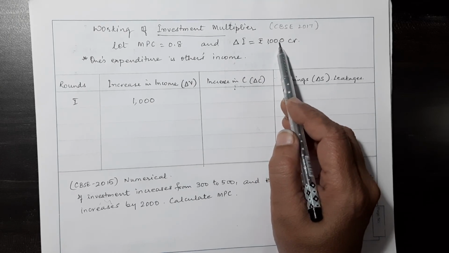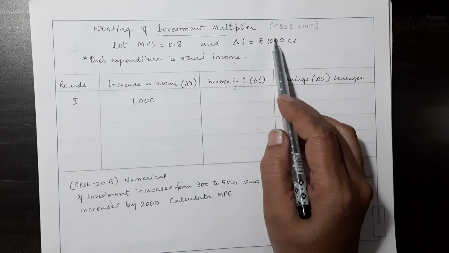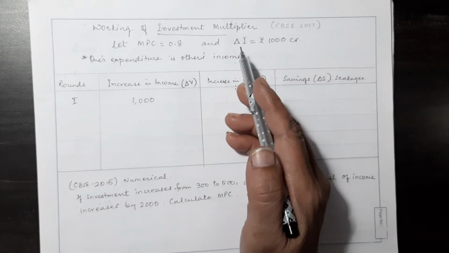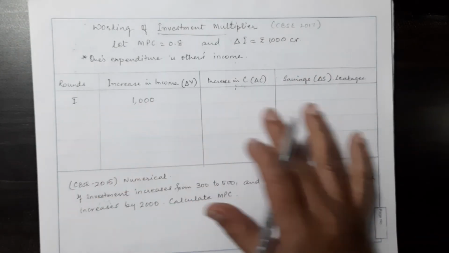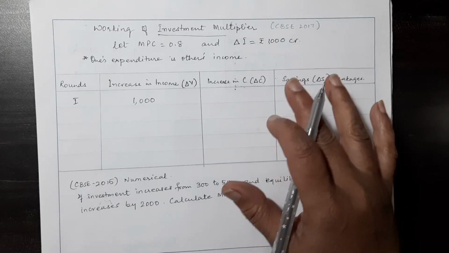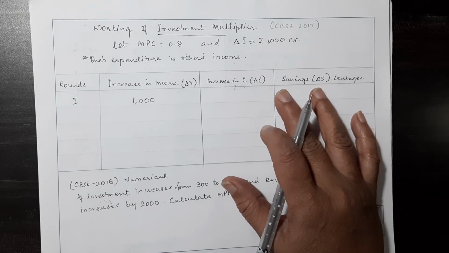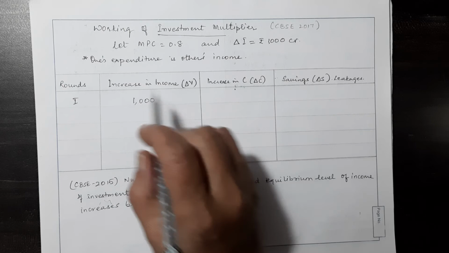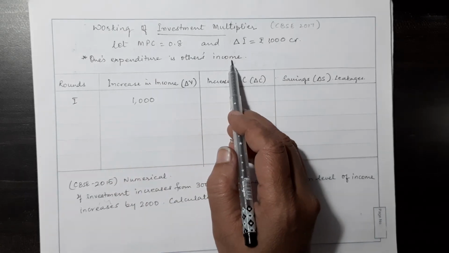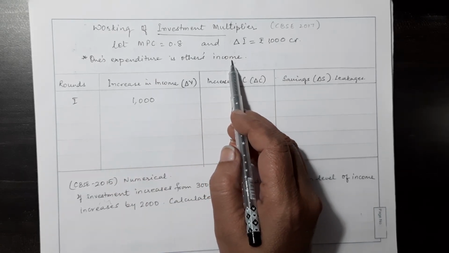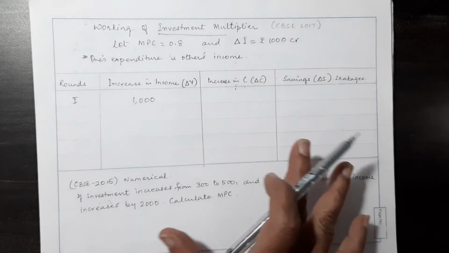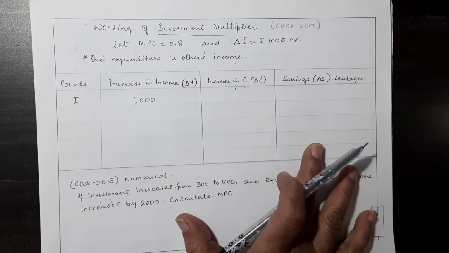In the question paper, this was 900 crore and MPC was 0.6. We can calculate for that also following the same method. The most important line to be written is: one's expenditure is others' income. This is an important line that has to be written while we show the working of the investment multiplier.